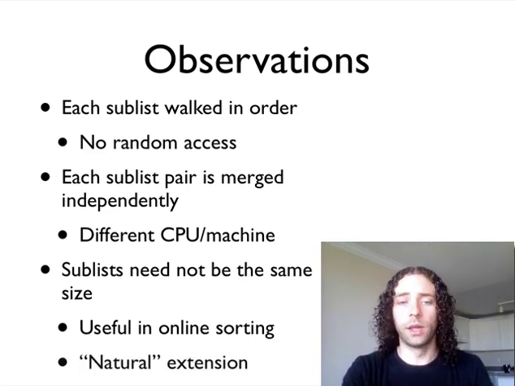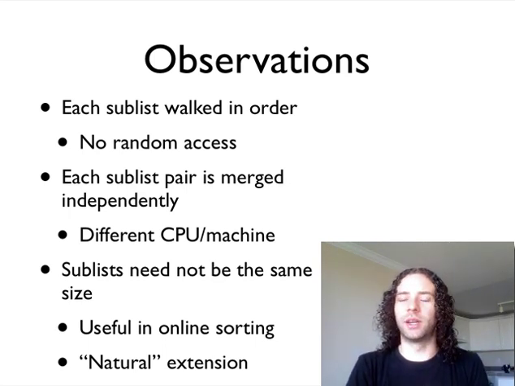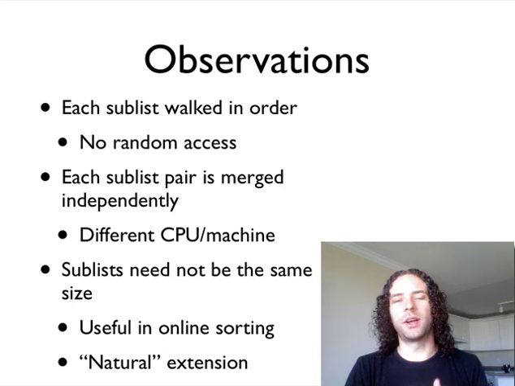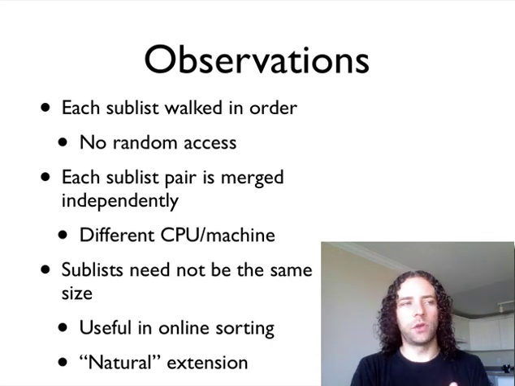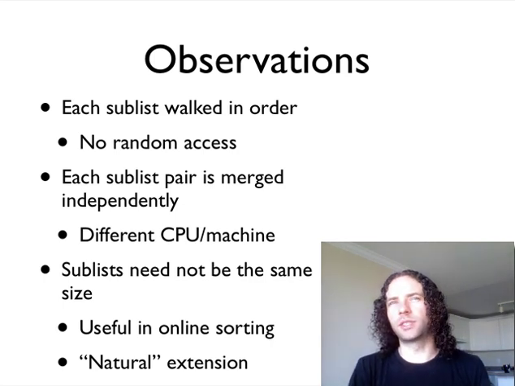Now, something that's also interesting about the sublists not needing to be the same size is what's called a natural extension to the merge sort, or natural merge sort, which is when at the beginning, instead of walking over the input and creating a sublist for each one element, the natural extension assumes that most things are already sorted or slightly sorted anyway.